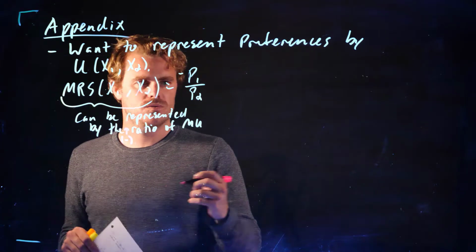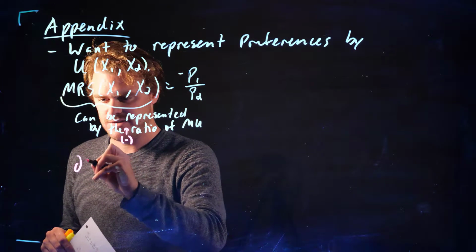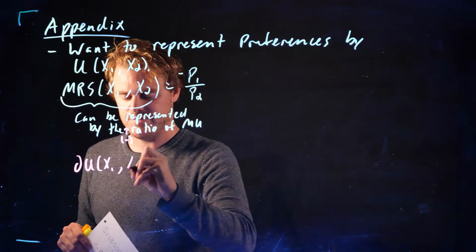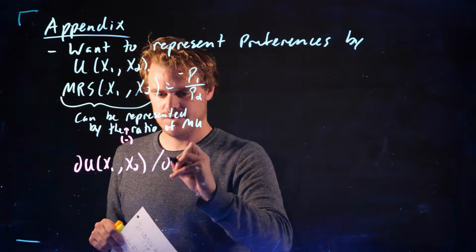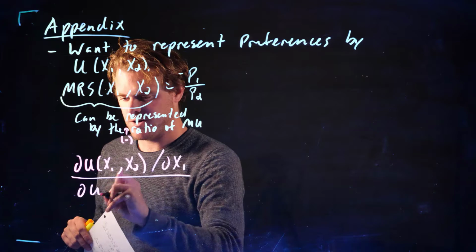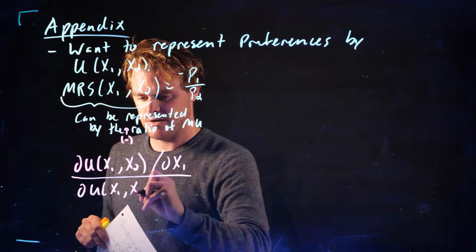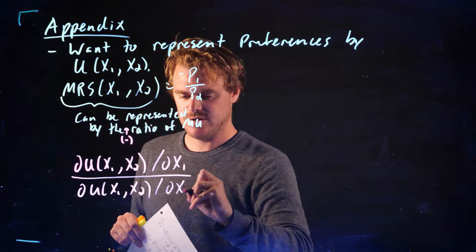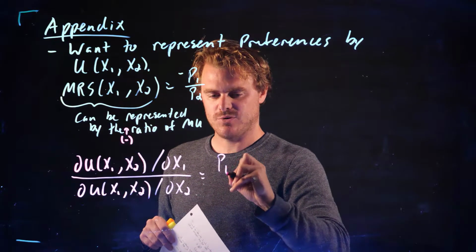Essentially what we have is the partial derivative of our utility function with respect to x1, over the partial of our utility function with respect to x2, equals this price ratio.